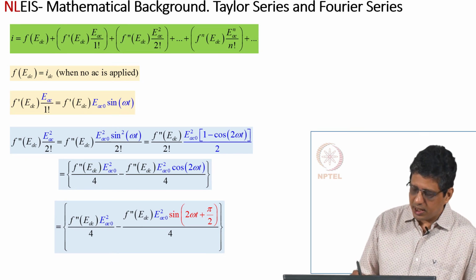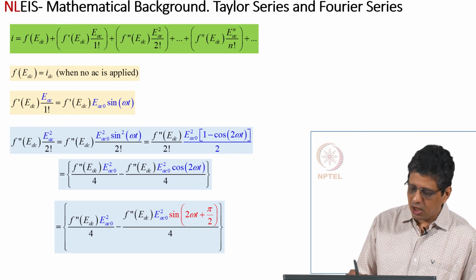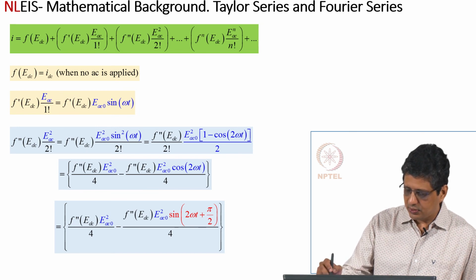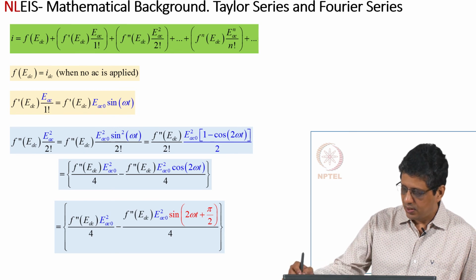This cos 2 omega t, we can write it as sin 2 omega t plus pi by 2. So, basically it is a second harmonic with a phase offset. So, this should come as f double prime EDC by 4 EAC 0 square minus either cos 2 omega t or as sin 2 omega t plus pi by 2.